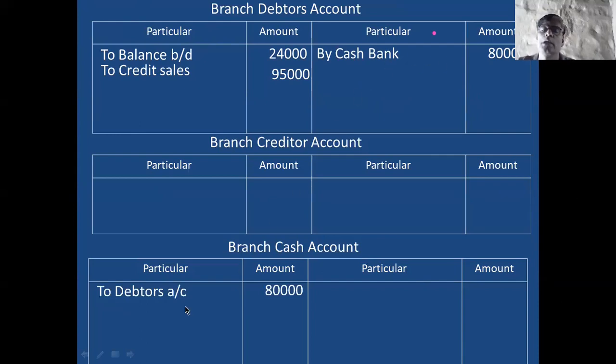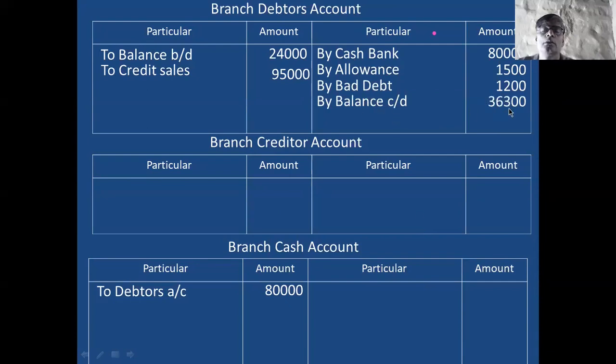Next, allowance is 1,500, bad debt is 1,200, then balance carried down is 36,300. The total is 1,19,000. Debtors balance I calculated.